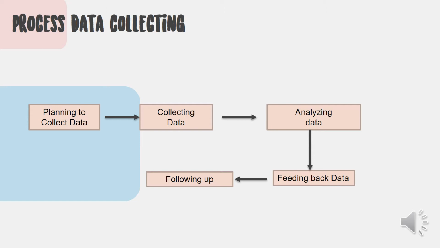Collecting data is determining and implementing the information collection method. Analyzing data is analyzing the information obtained, including analyzing the quality of the information itself. Feeding back data is providing feedback on the information to relevant parties, and then following up on the analysis according to the objective to be achieved.